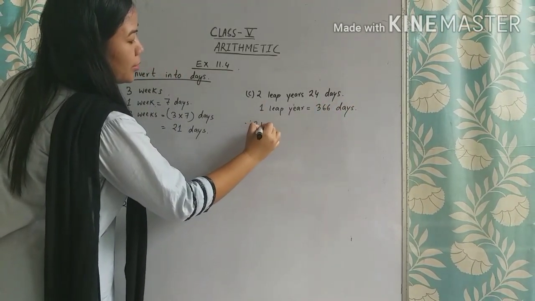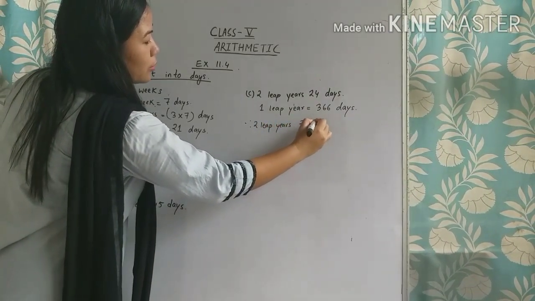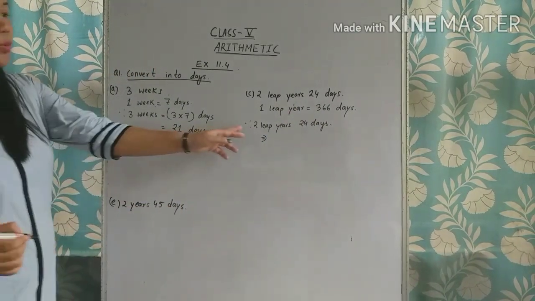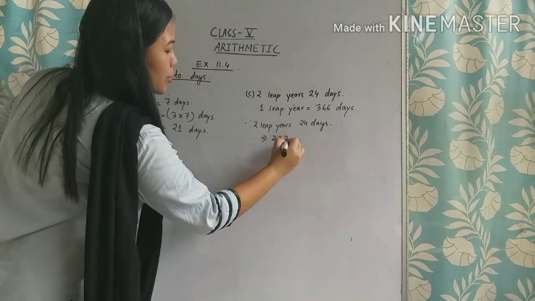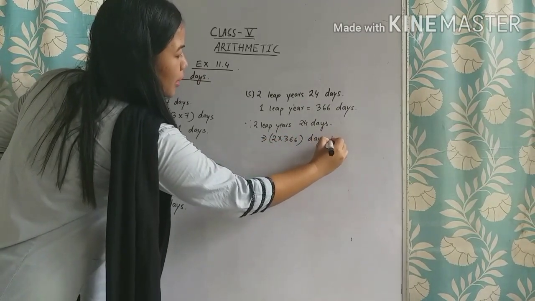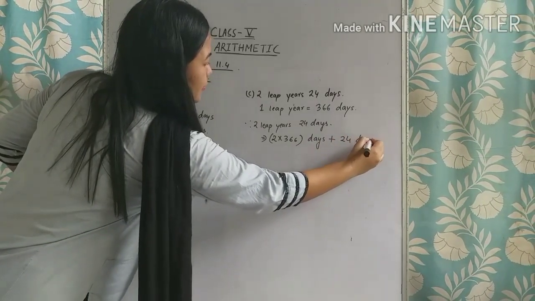So let us find 2 leap years, 24 days. So 2 into 366 days plus 24 days.